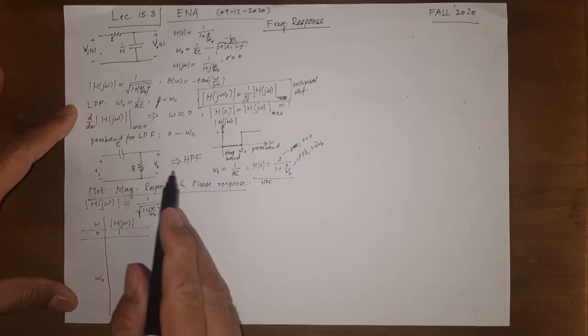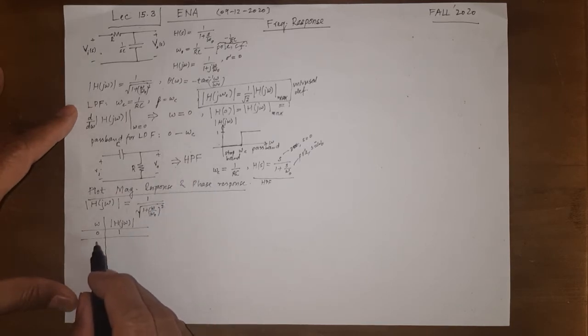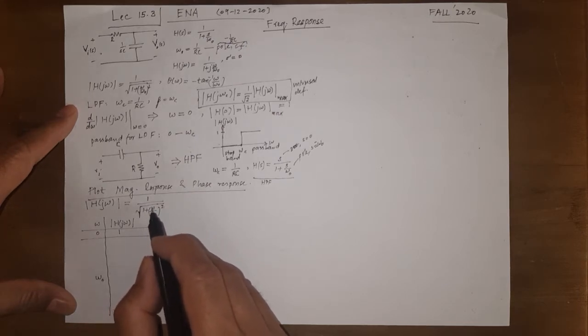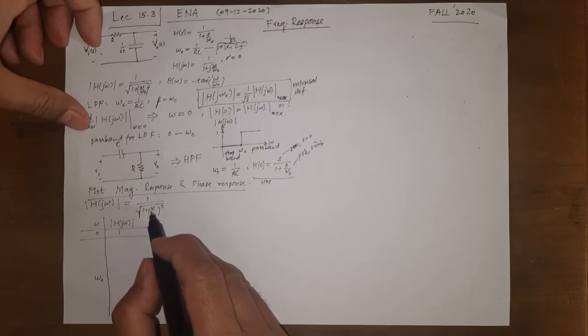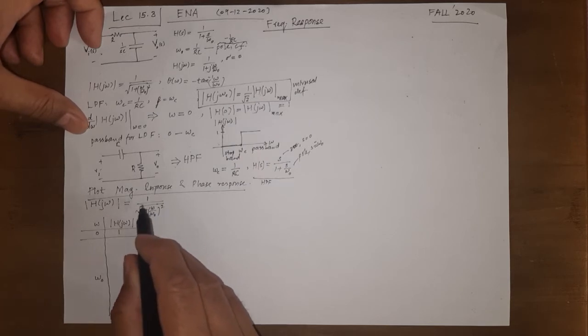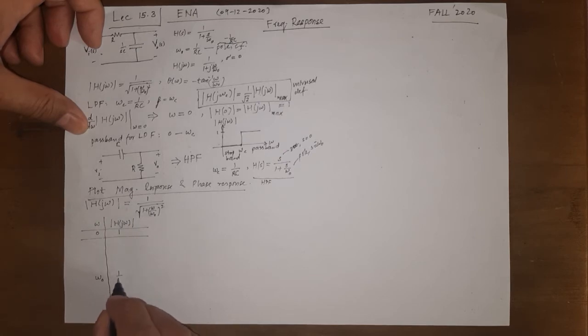Since omega naught for this circuit is not known, instead of taking values like 1, 2, 3, I am taking all the values of omega in terms of omega naught, because then for any circuit with any omega naught, we would know how things would be. So if omega is equal to omega naught, omega over omega naught will be 1, and we are going to have 1 over square root of 2, which is about 0.707.